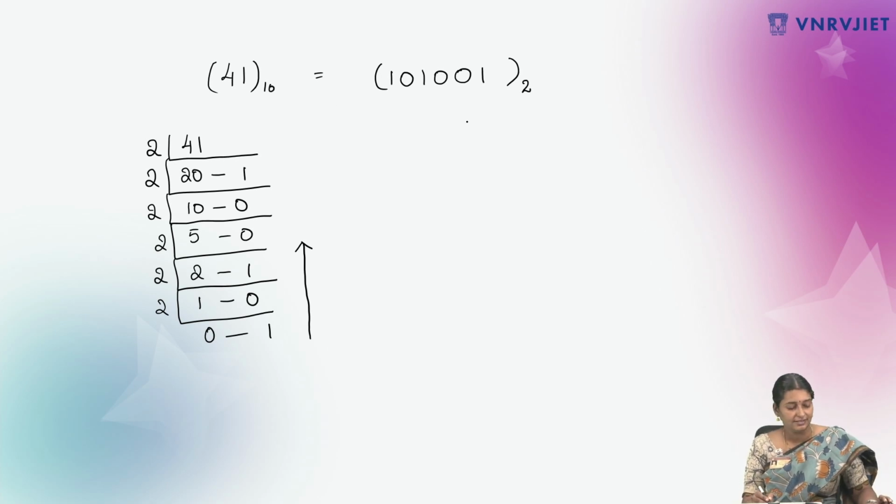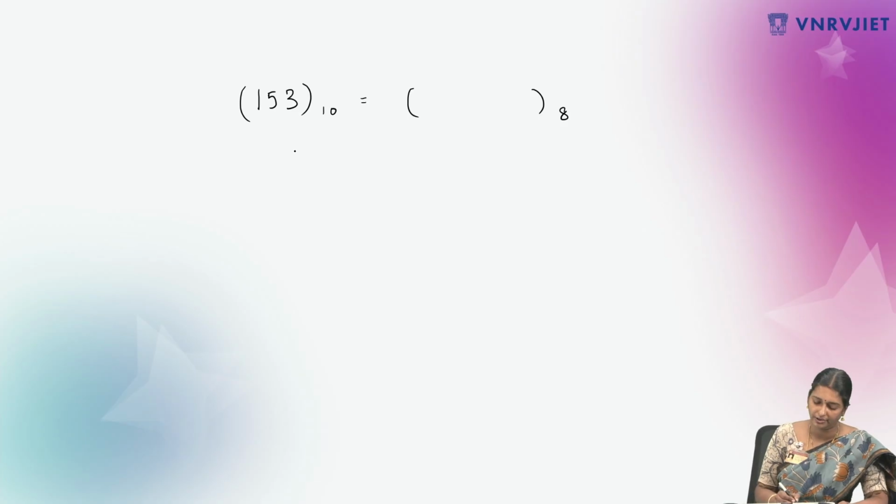Next, let us consider a decimal number conversion to octal. Let us consider the decimal number 153 to the base 10, and convert it to an octal number. How do we convert a decimal number to an octal number?